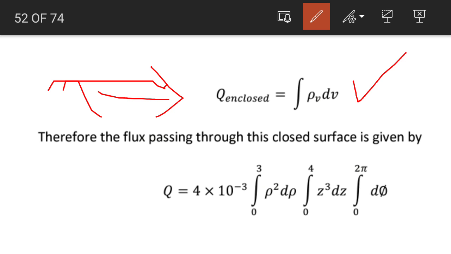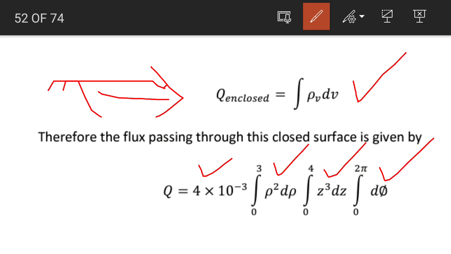So the charge enclosed by the closed surface will be equal to 4 into 10 raised to power minus 3. We integrate rho square d rho, then z cube dz, and then d phi. You know that the integration of rho square d rho is rho raised to power 3 by 3. The integration of z cube dz is z raised to power 4 by 4, and the integration of d phi is phi.